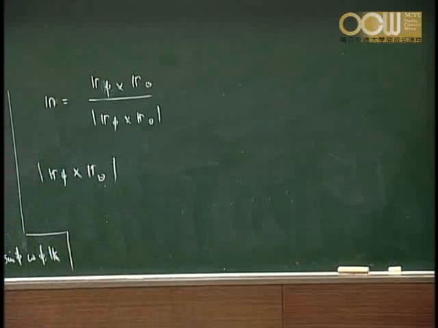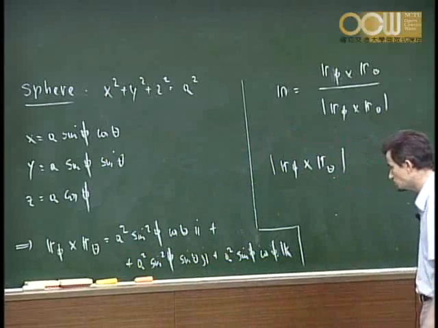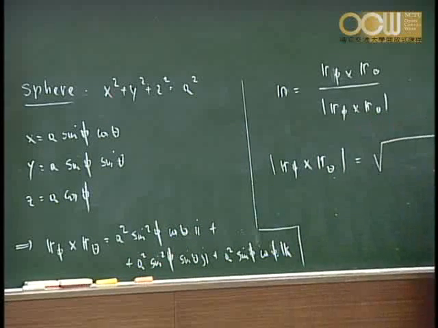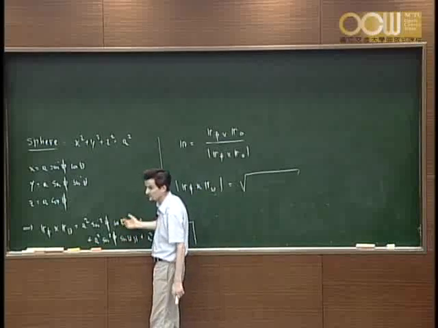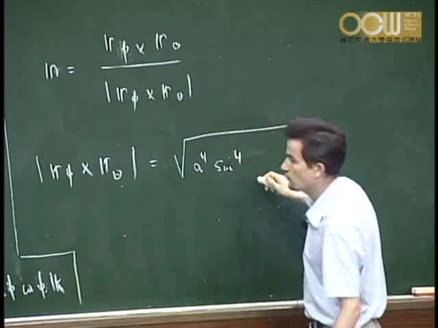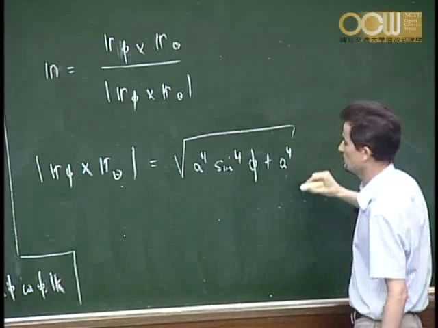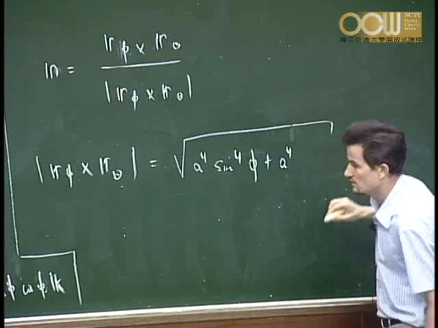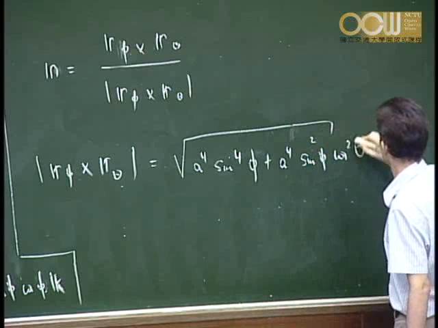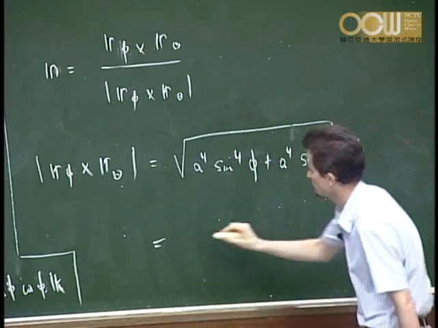If you square all the coordinates and add them and then take the root, for the first two, because cosine squared plus sine squared is equal to 1, what you have is a to the 4th, sine to the 4th psi, plus a to the 4th sine squared psi cosine squared psi. So you see that this again simplifies, so we have here a squared.